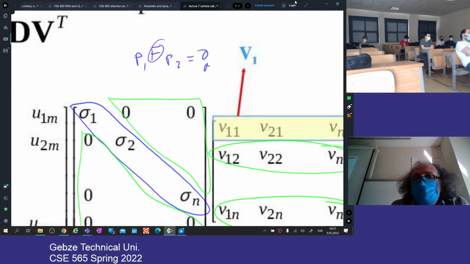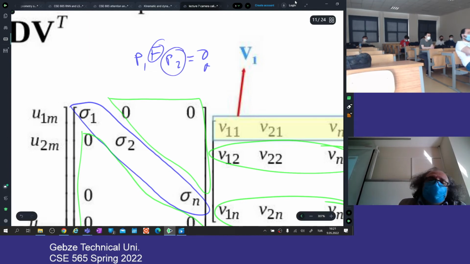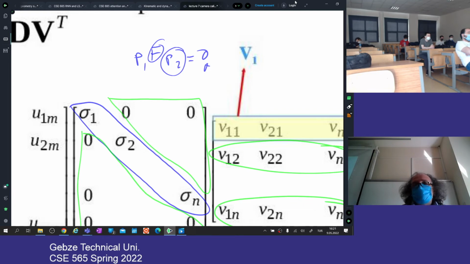It has to be a non-zero number. In that case, you would solve that and you could definitely solve P2. Remember, we cannot solve P2 in this case because this would only produce a line that P2 can be on. That's why the fundamental matrix has to be not full rank, but rank 2.